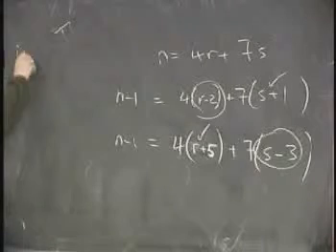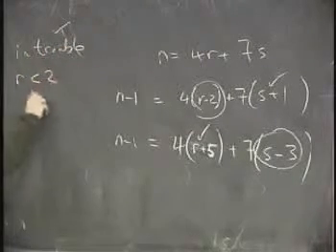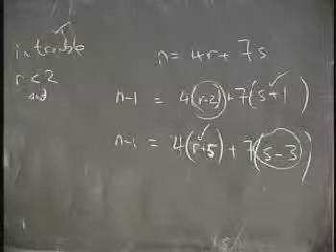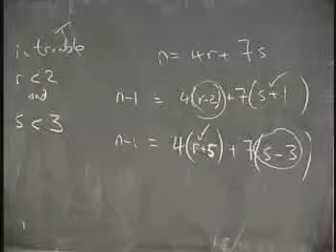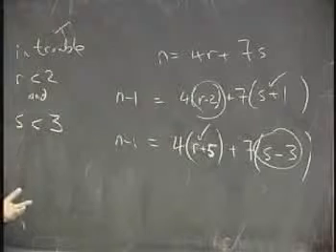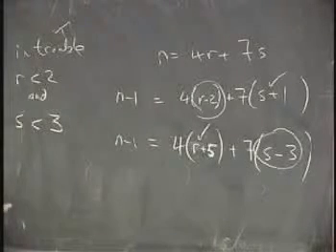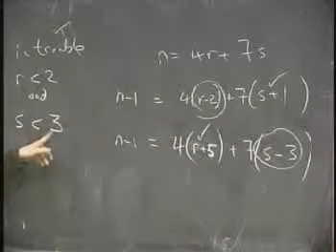We're in trouble when r is less than 2 and s is less than 3. If r is less than 2 and s is less than 3, let's take the largest situation where that can happen. That means r is 1 and s is 2.